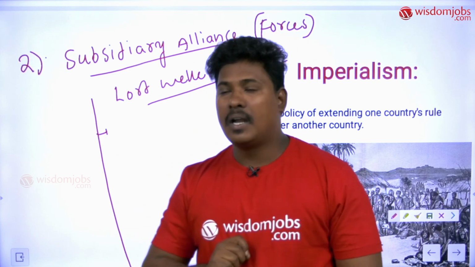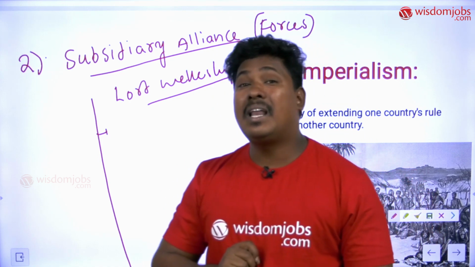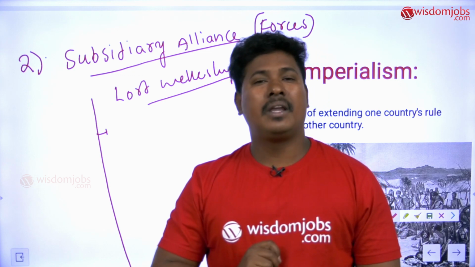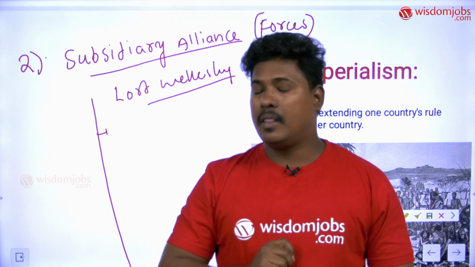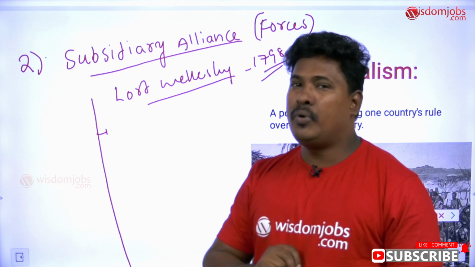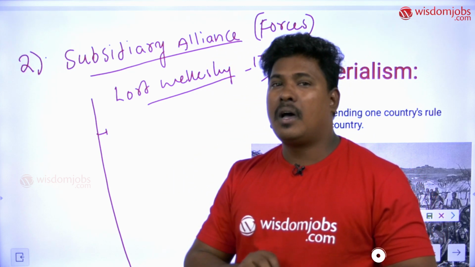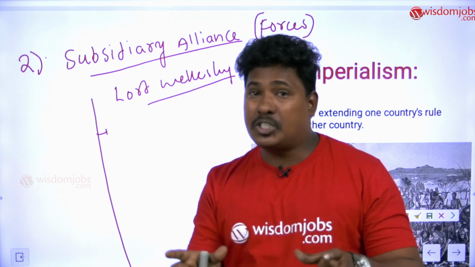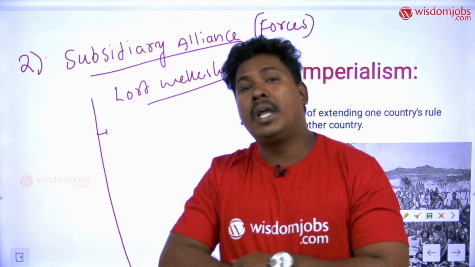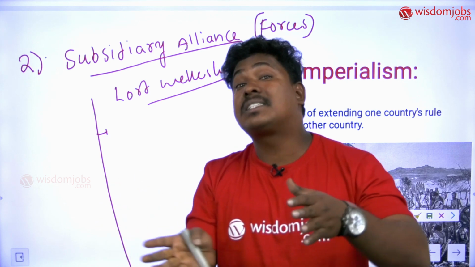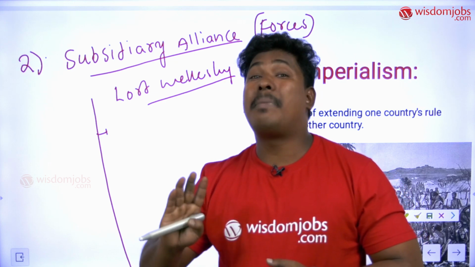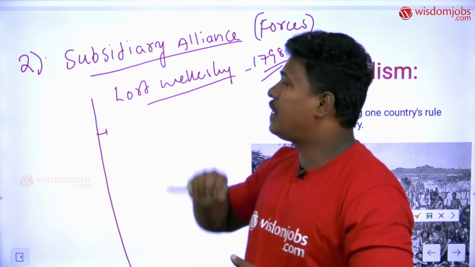The thing is, at the time there were so many rival states and there was political disunity in India, in the modern history of India. So there was no political unity, and many neighbor states were rival states, and in order to protect from the attacks of the neighbor states, the British started planning a strategy called subsidiary alliance.